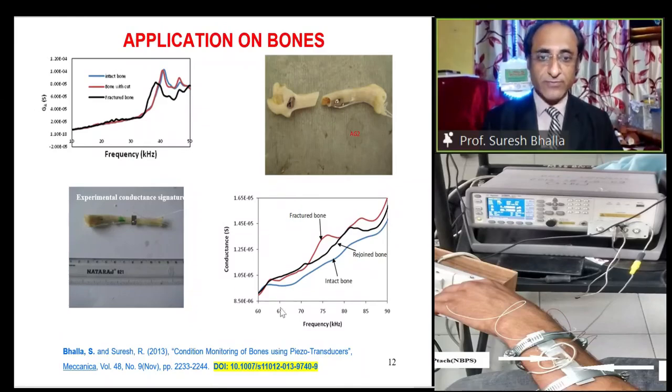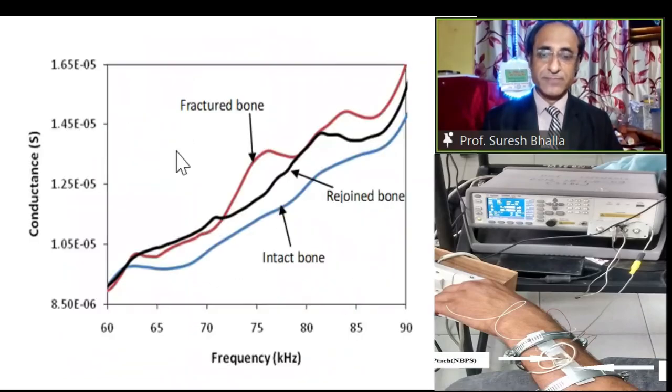We found that this is also feasible: if a patient has undergone a fracture, healing is the reverse of damage. Conventionally this technique is applied for damage detection, so the reverse process, healing, is also feasible.